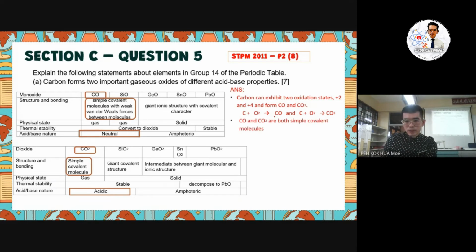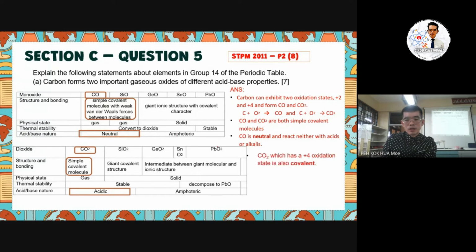Then, both have the same simple covalent molecule structure. CO, carbon monoxide, is neutral and reacts with neither acid nor alkali. So that means no reaction with acid or alkali.